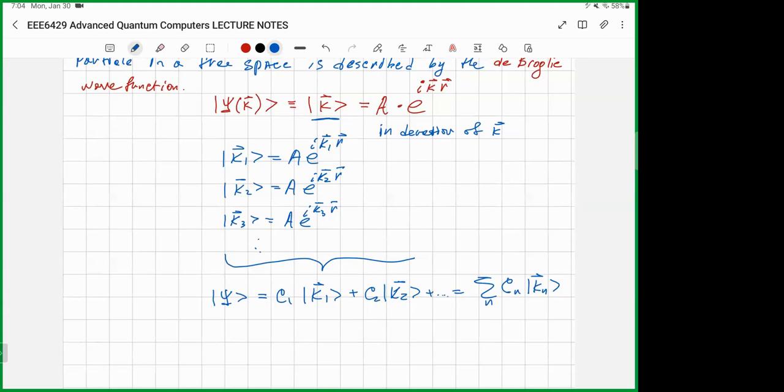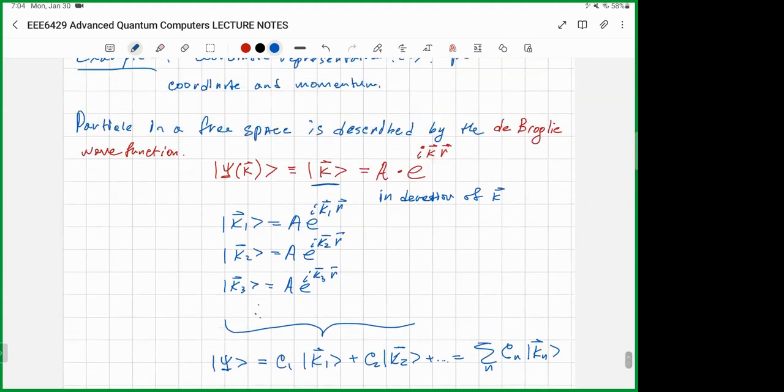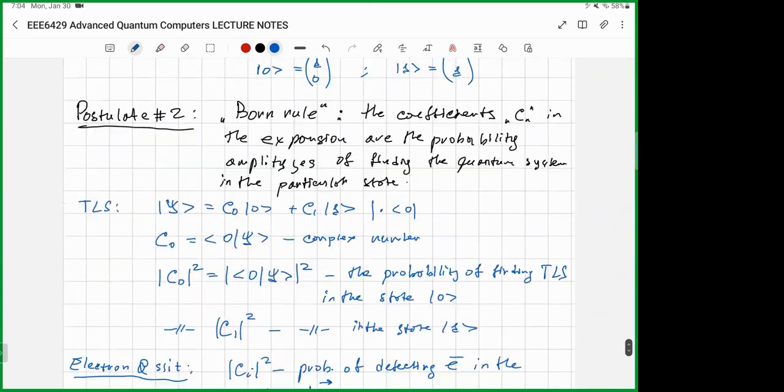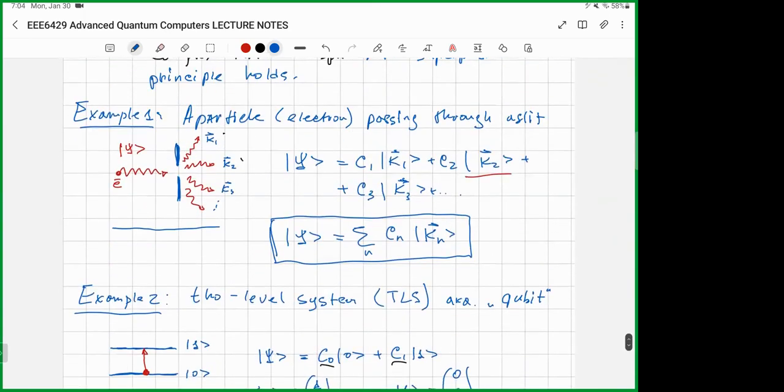Thank you. Yeah, so this is exactly what we discussed in this slit experiment. This psi vector, this psi state, is a general state of an electron.